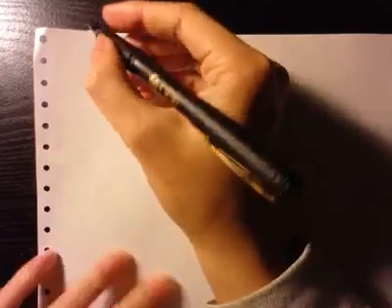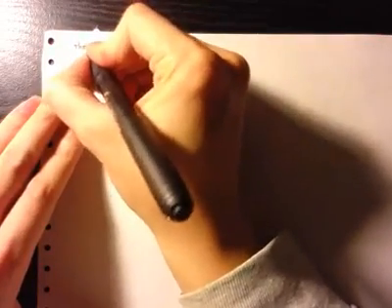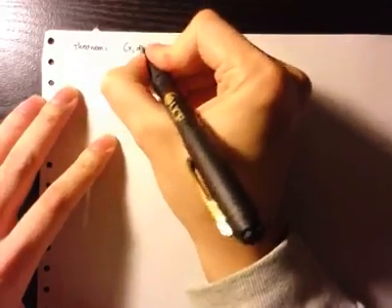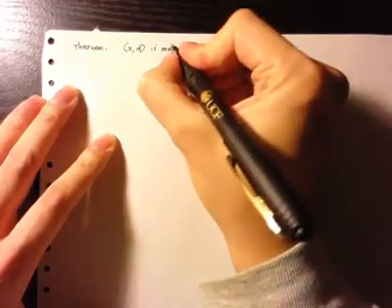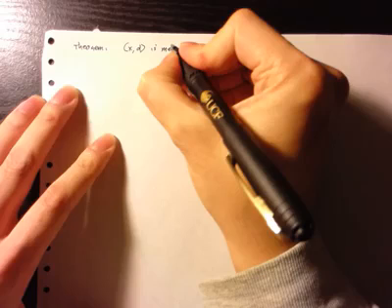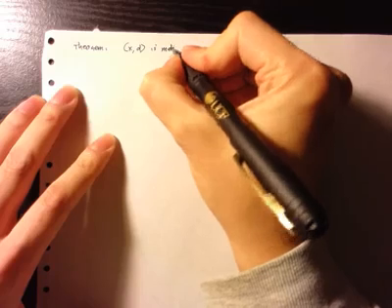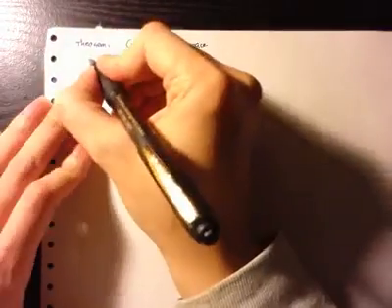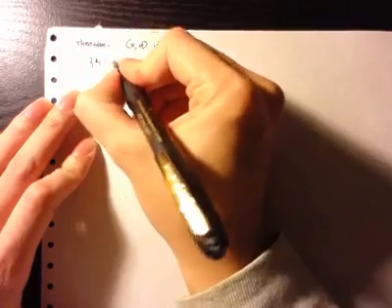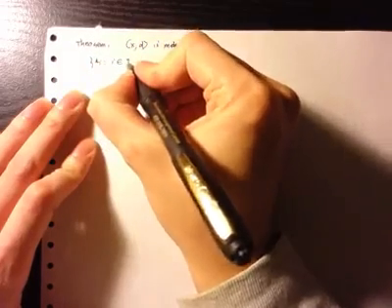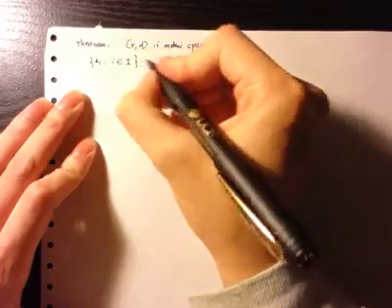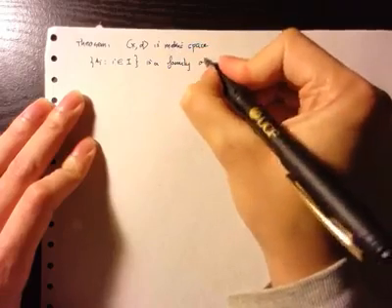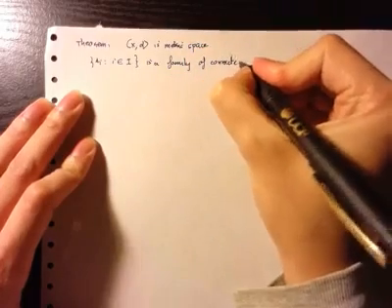Okay, so I have the theorem, so let's put Theorem. If we have (X, d) is a metric space, this is the function, I assume you already know this also, and A sub i, i belonging to capital I, is a family of connected sets.